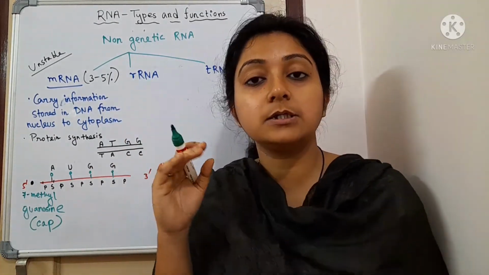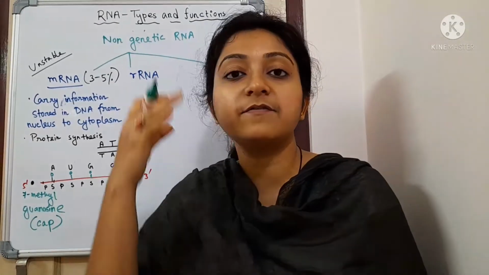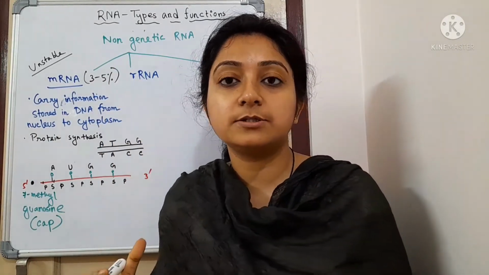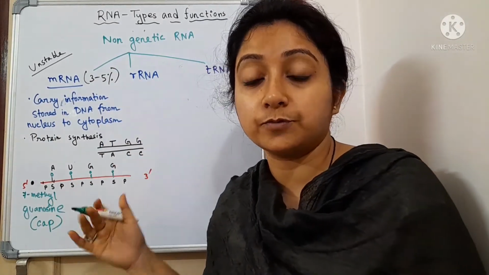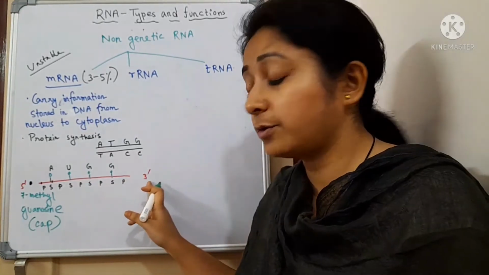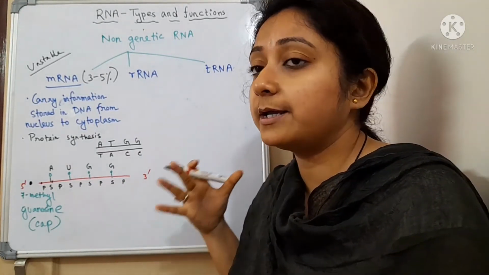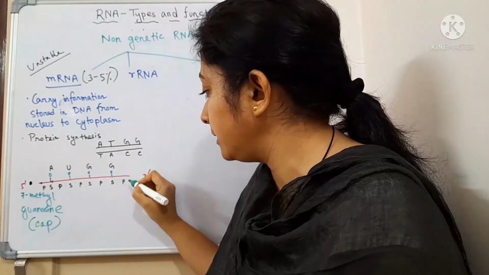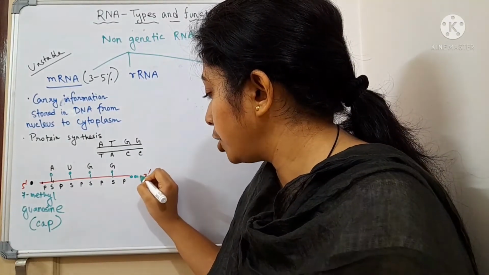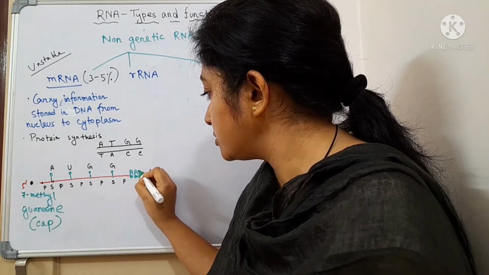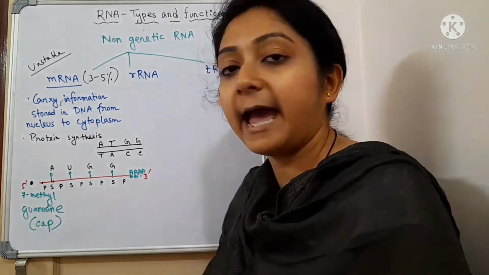But it is not only necessary to protect itself at the head. It is very much essential to protect it at the tail portion also, the other end, the 3' end. That is why lots of adenine molecules will start to be added.